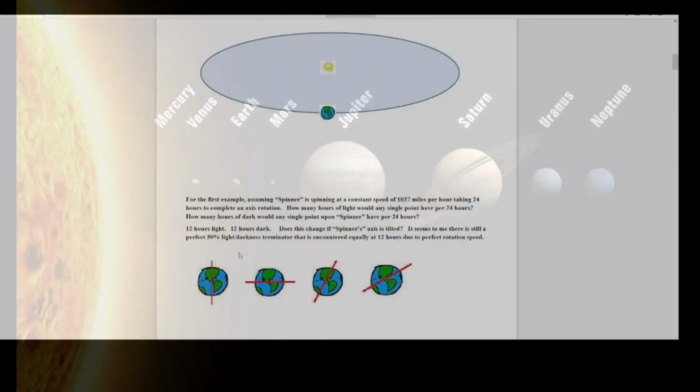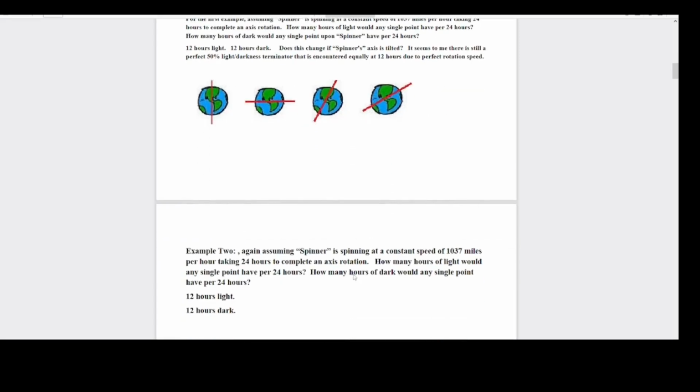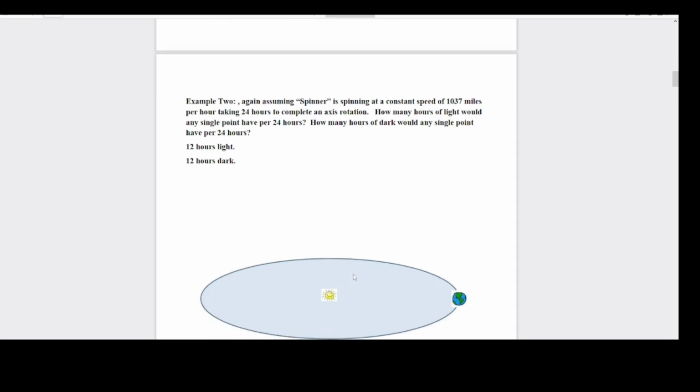All right, so that's just a simple illustration of how you could imagine wherever you want to put this terminator line, you're always going to get 50% of the Earth covered, whether it's pole to pole or whichever poles you're referring to. So we'll move on to example 2.